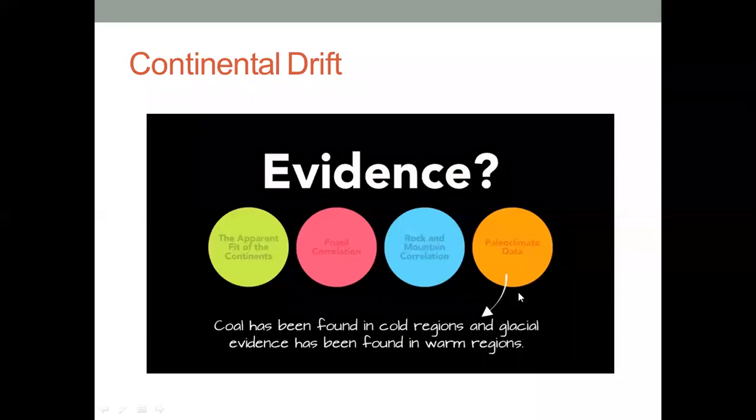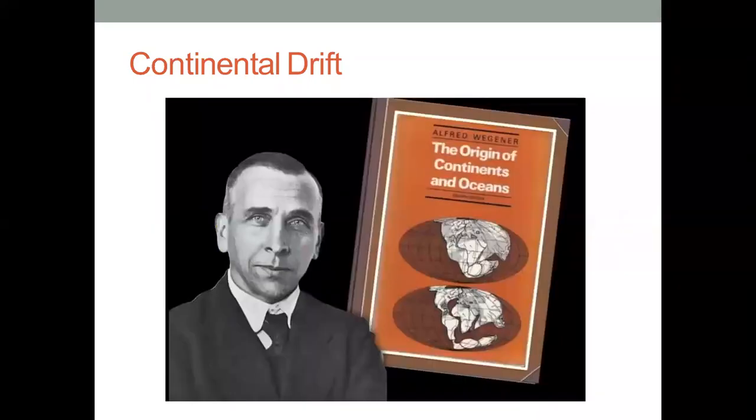So based on these four evidences, he came up with a conclusion that previously all these continents were at one place, but later all these continents moved to the places where they are right now.